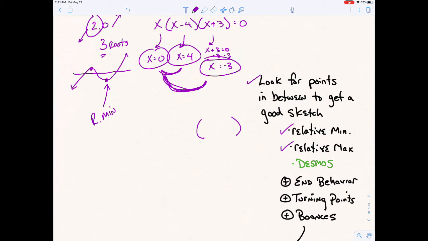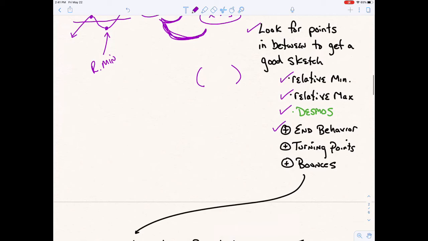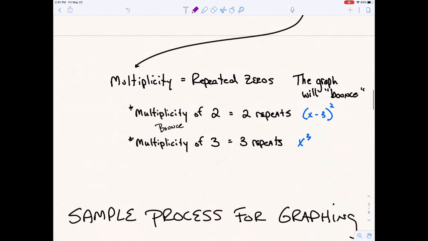For this video, I'm going to say a good graphing calculator does a good job. Desmos will do a good job. Even just trial and error by choosing some additional points in between will get you pretty close to a relative min and max. Knowing end behavior is valuable, knowing turning points is valuable, and knowing, I wrote down bounces, but knowing your multiplicities is going to come in handy as well.